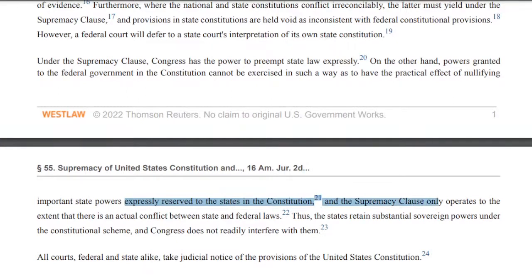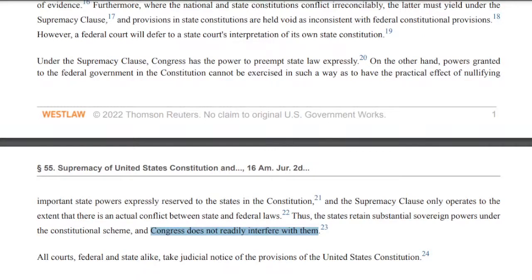And the Supremacy Clause only operates to the extent that there is an actual conflict between state and federal laws. Thus, the states retain substantial sovereign powers under the constitutional scheme, and Congress does not readily interfere with them.